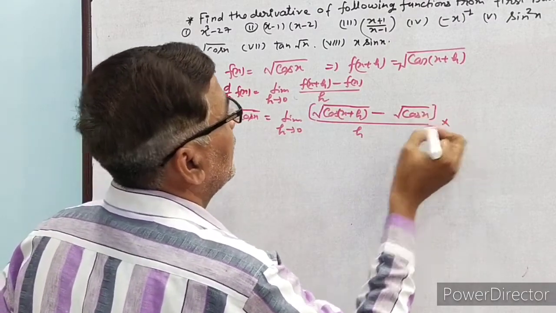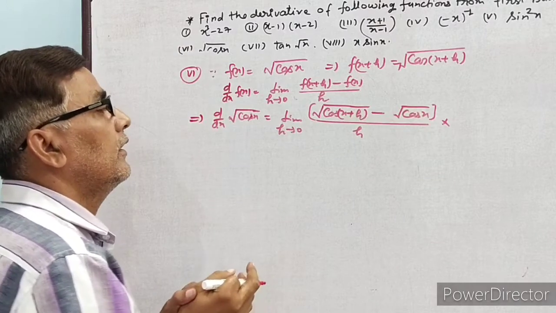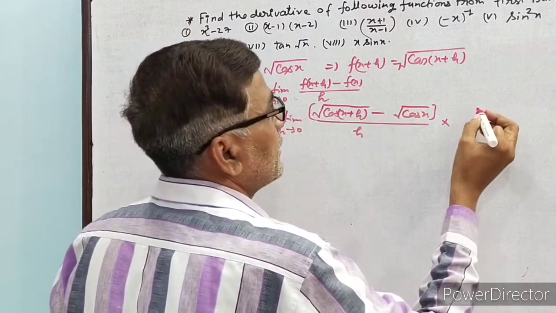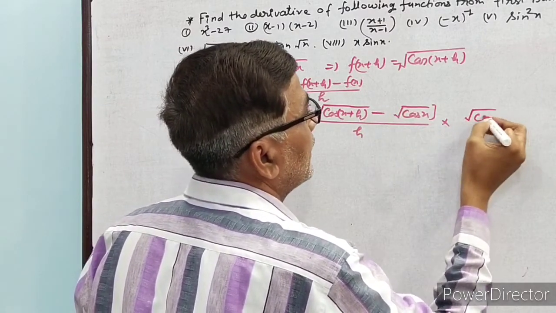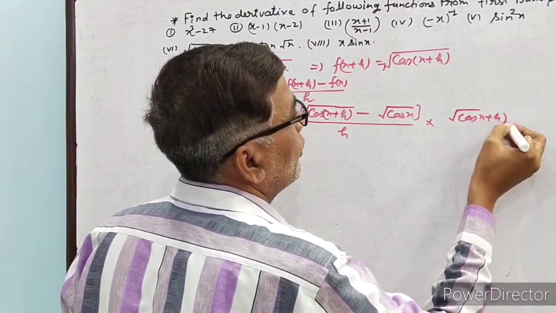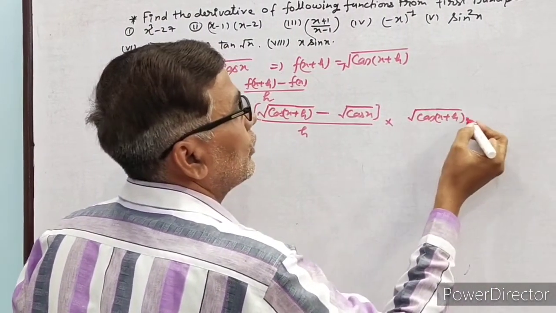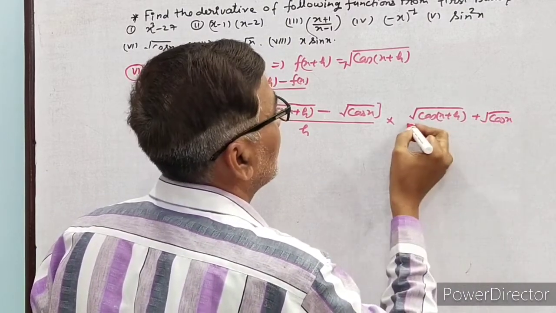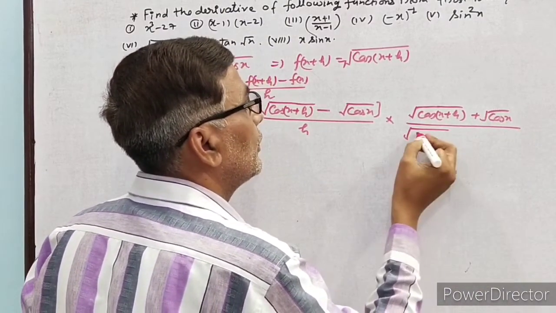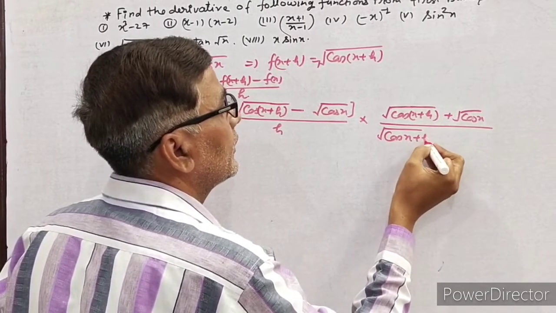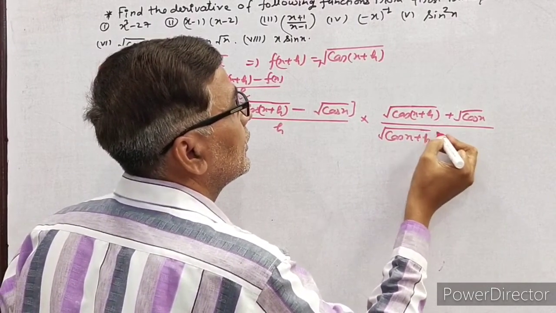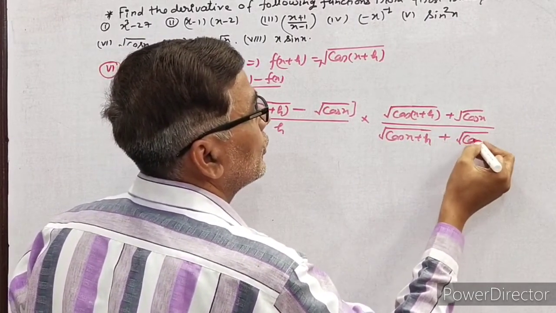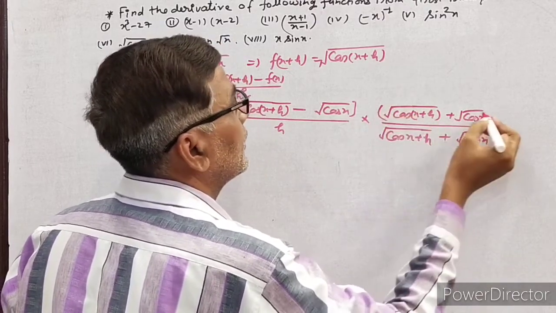First of all, we have to rationalize this part. To rationalize this part, we must multiply numerator and denominator by root cos (x plus h) plus root cos x.